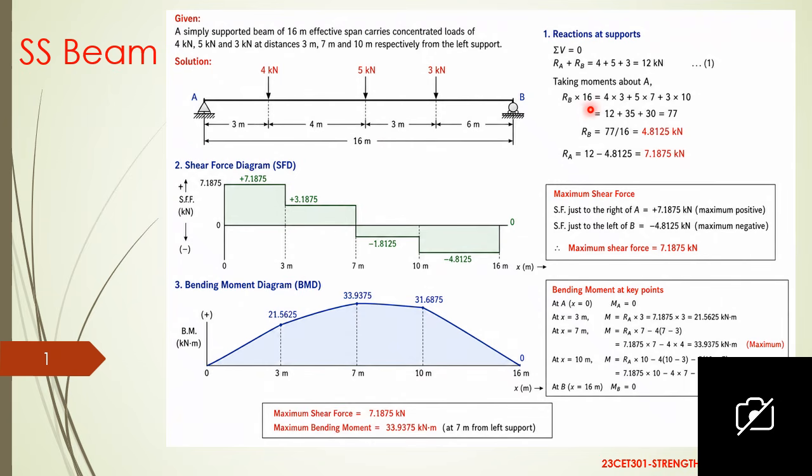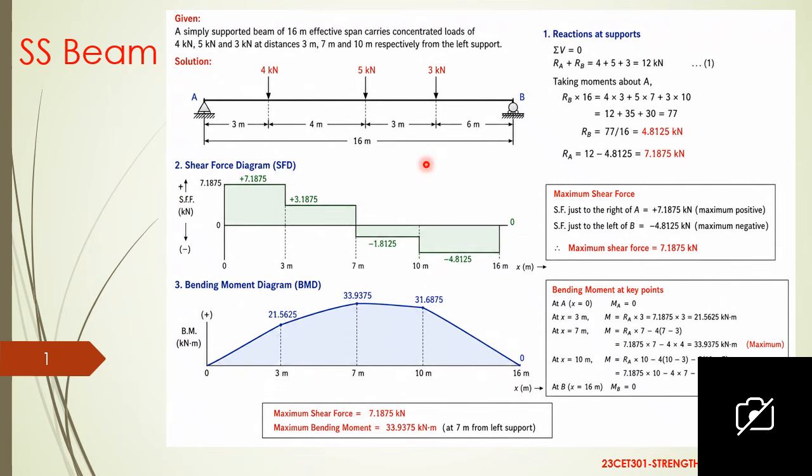That is RB into 16 is equal to 4 into 3 plus 5 into 7 plus 3 into 10, where we are taking moment at A. 4 kilonewton is 3 meter from A, 5 kilonewton is 7 meter from A, 3 kilonewton is 10 meter from A. So after calculating this, we'll get RB as 4.8125 kilonewton. Already we have RA plus RB equal to 12, so RA equal to 7.1875.